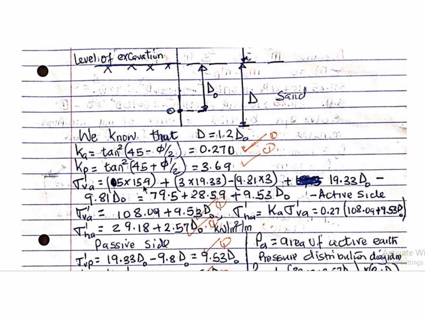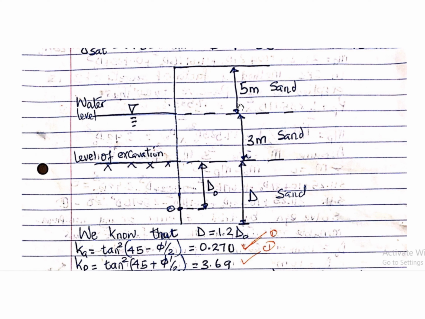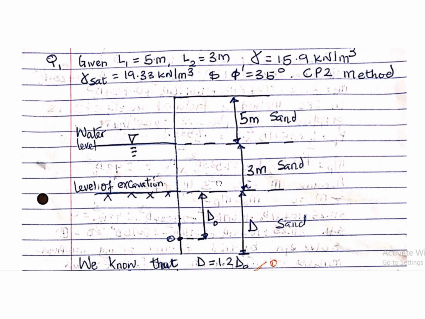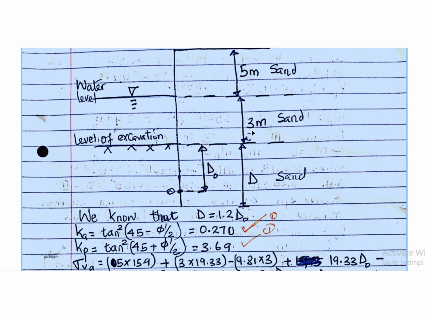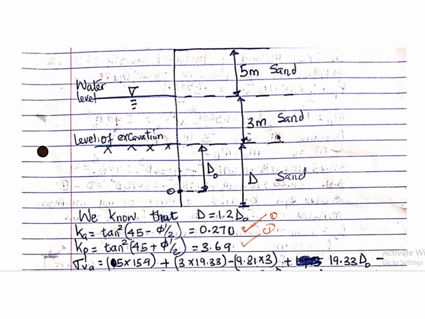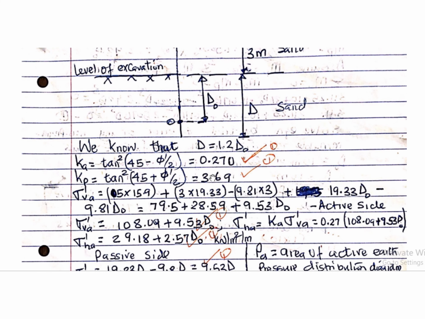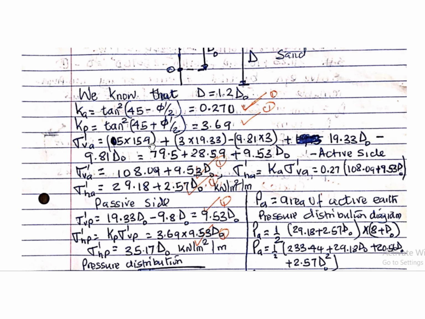At 0.0 it would be 5 times 15.9 plus 3 times 19.33, and of course minus, because we are talking about effective stress, minus 9.81 times 3, and plus again 19.33 times d naught, minus 9.81 times d naught. So this is what we have laid down here in detail.